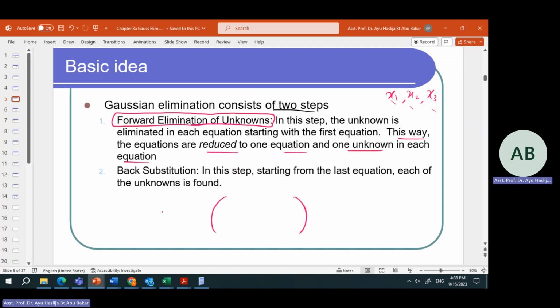What it means is, for example, this matrix: you will need to zero this part, eliminate one by one.